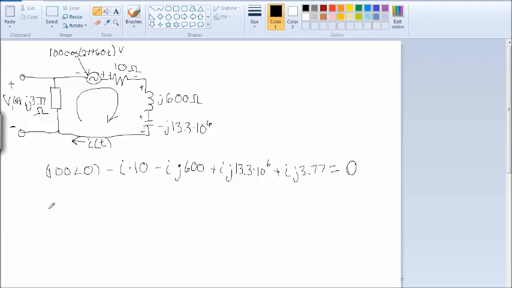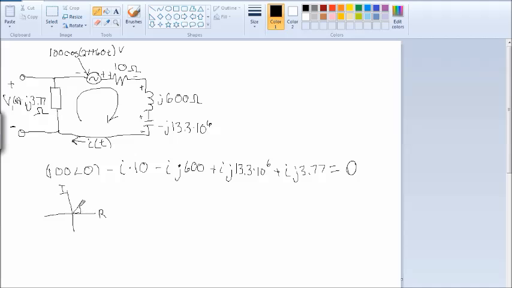So to do this in rectangular form, you have to look at an axis, and we call this the real axis, and this is the imaginary axis. And we have a vector on here where we know our magnitude is 100 and our angle from the real axis is 0.